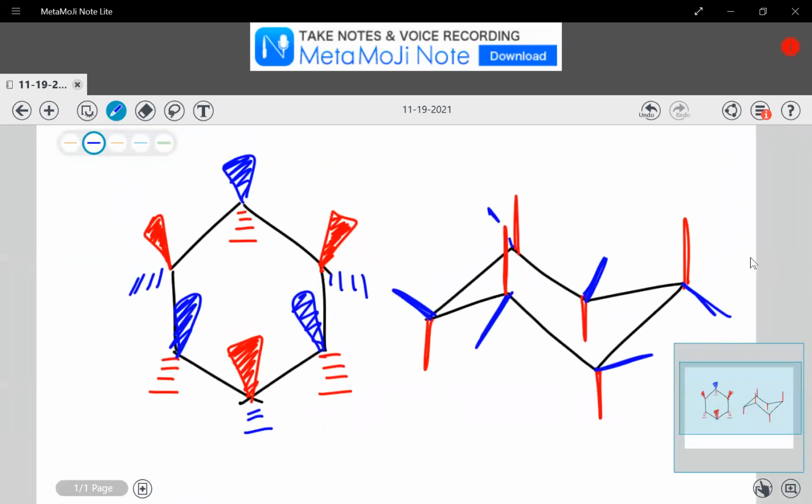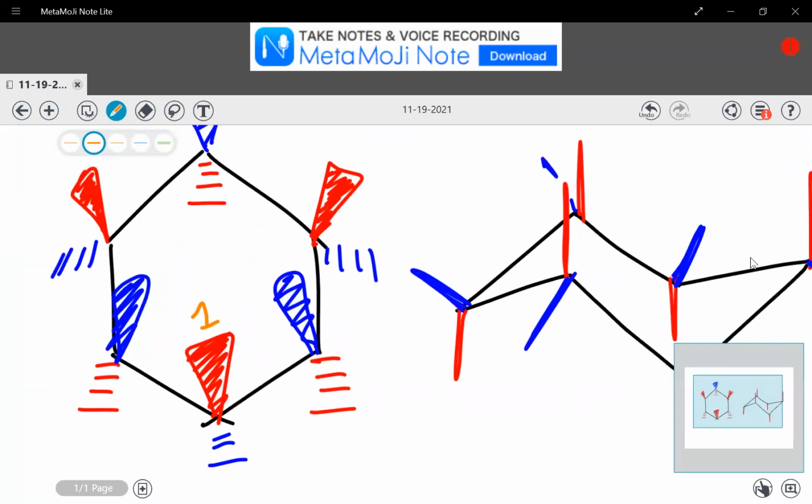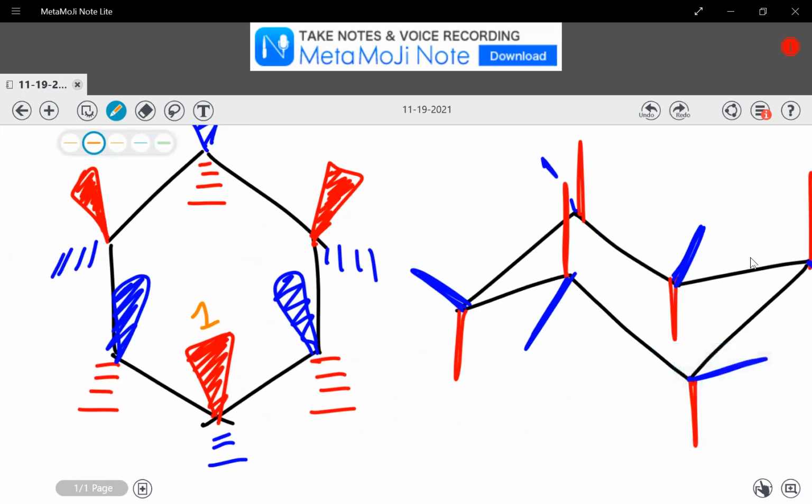So if I want to draw this as a ring and label each of them, where would I put my substituents? 1 corresponds to 1. Well, the substituent here will be over here. Okay. Substituent here will be right here. And so on and so forth. 2. This one here corresponds to this one here. This one here corresponds to this one here.